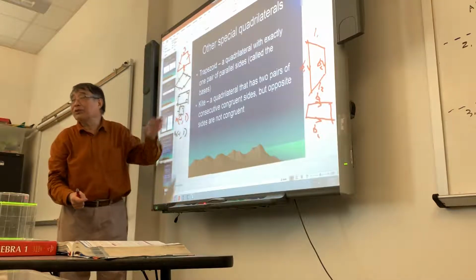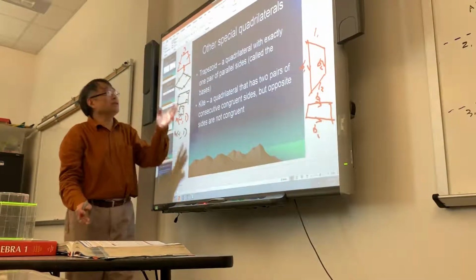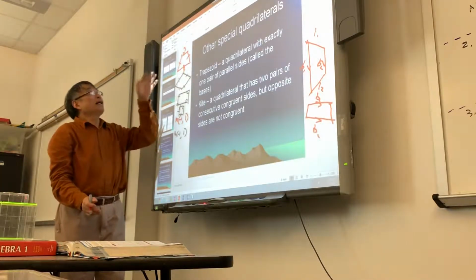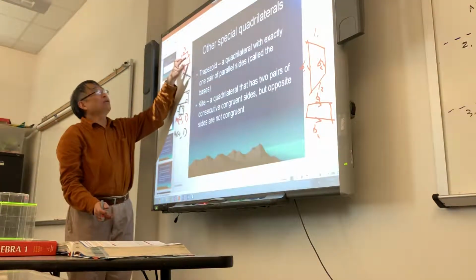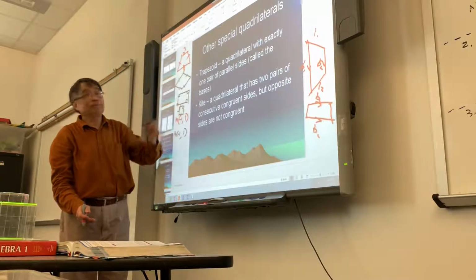Why? Because it is isosceles. In an isosceles trapezoid, the 2 legs are congruent, and the other 2 sides must be parallel.